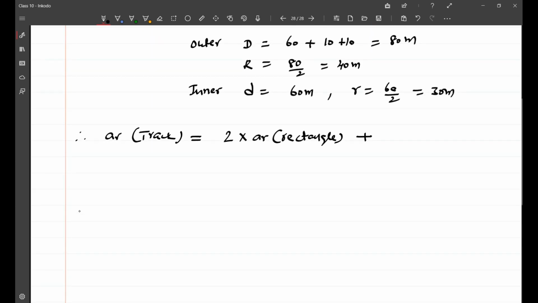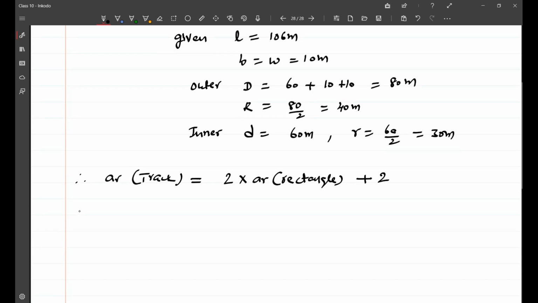That's why I can write like this: 2 multiply area of semicircle is pi r square by 2, pi big R square by 2 minus pi small r square by 2, because we need only the shaded portion.